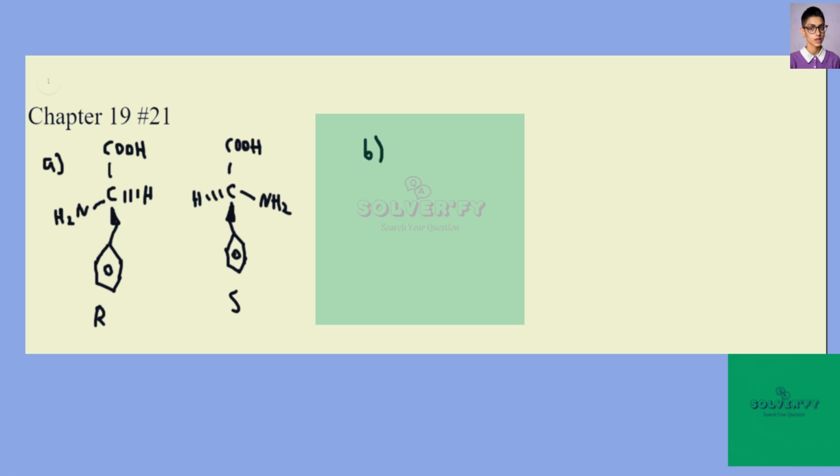Okay, and then for methionine, we will do exactly the same thing. So our carbon where the stereochemistry is, our carboxylic acid, our amine to the side just on a line there, and then put the hydrogen on a dash, and we'll put the side chain on the wedge.